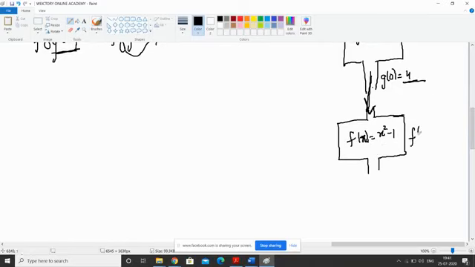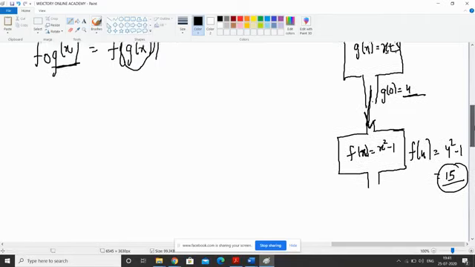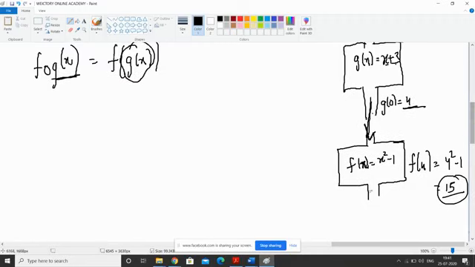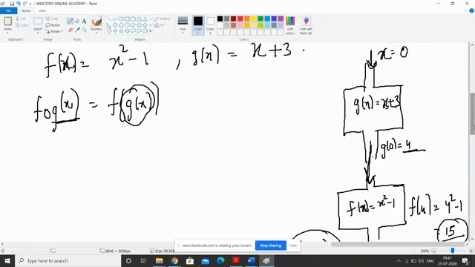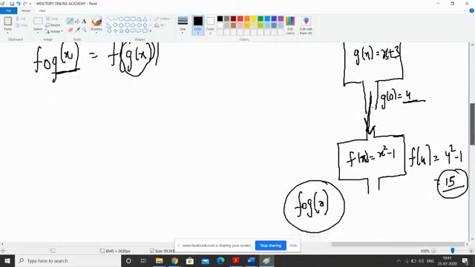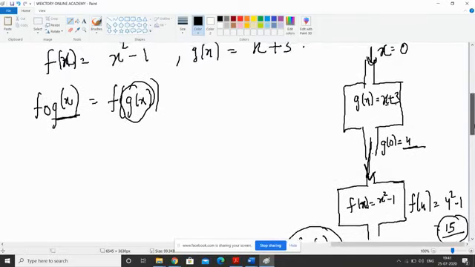So f(4) will be 4 square minus 1, which is 15. 4 square is 16, 16 minus 1 is 15. So this 15 is your fog(0), right? So fog(x) means you are giving g(x) as input to f(x). This is the way to solve them.